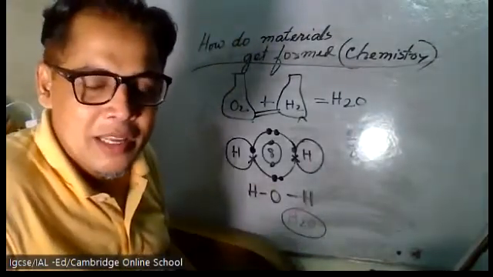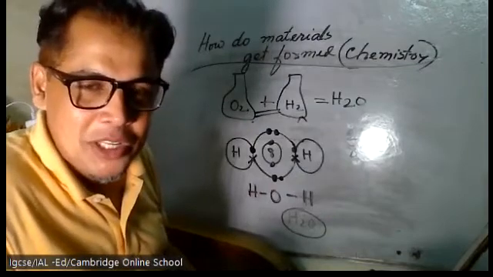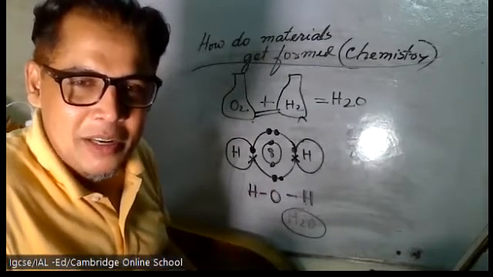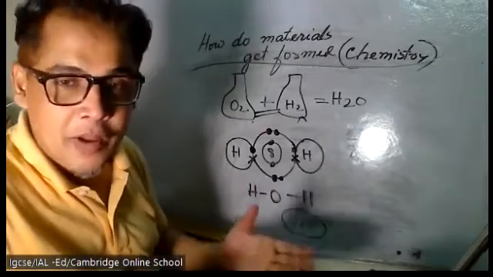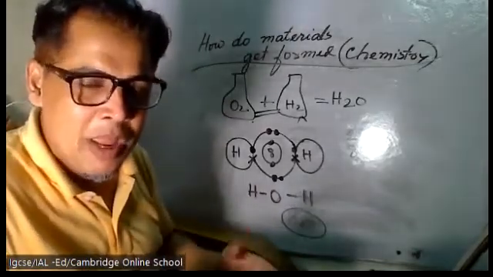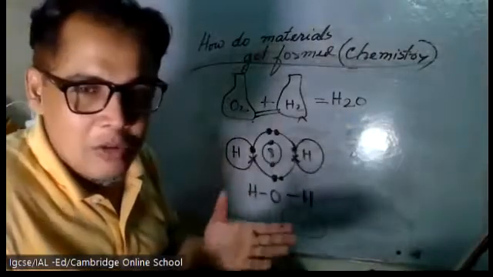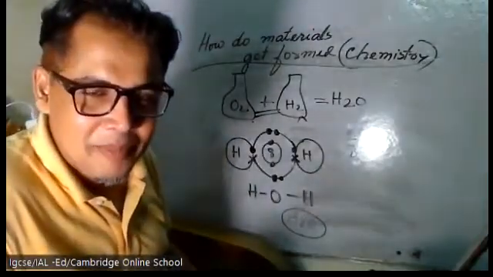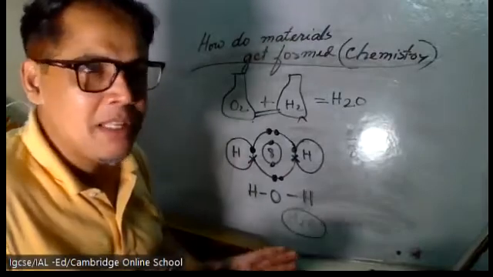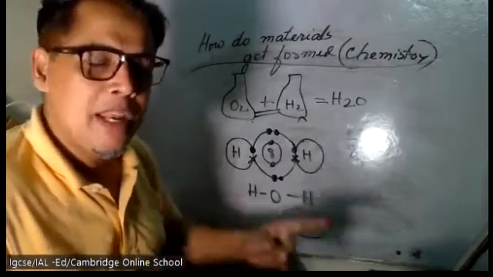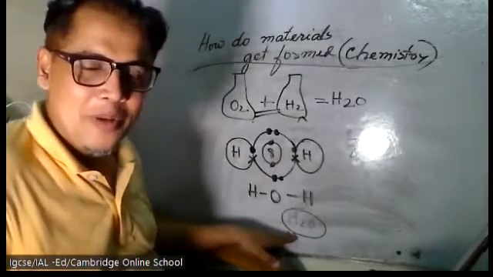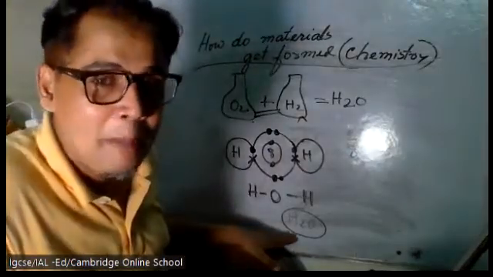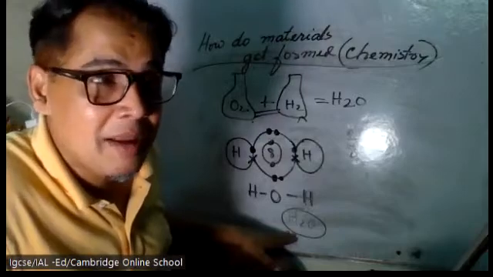Suppose your name is student, Bangladeshi, DPS student, and so on. Your name could be given with your father's name. Someone's name is Jabbar Subhan, meaning his father's name is Subhan. So this is also a compound, but it has another name: molecule.